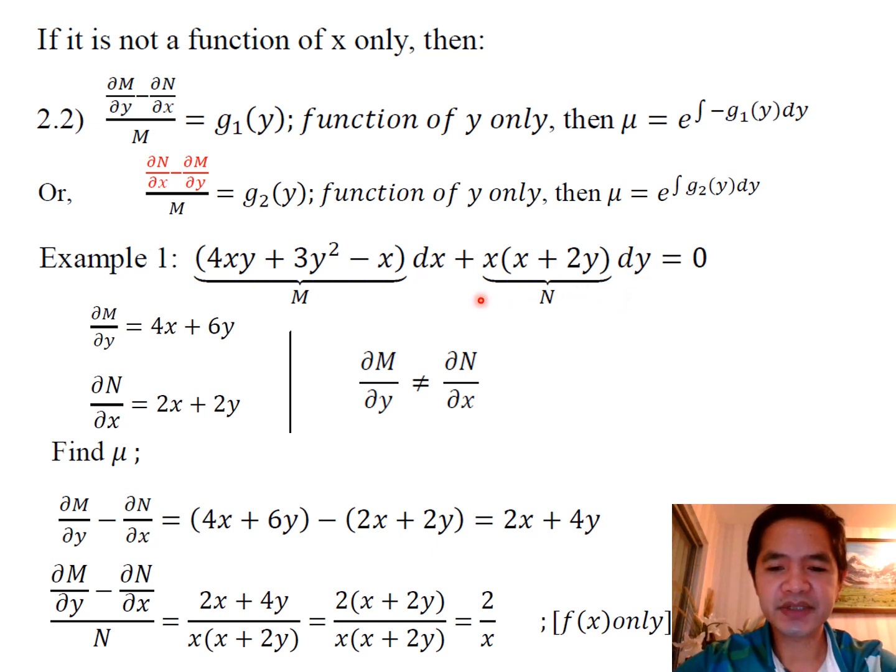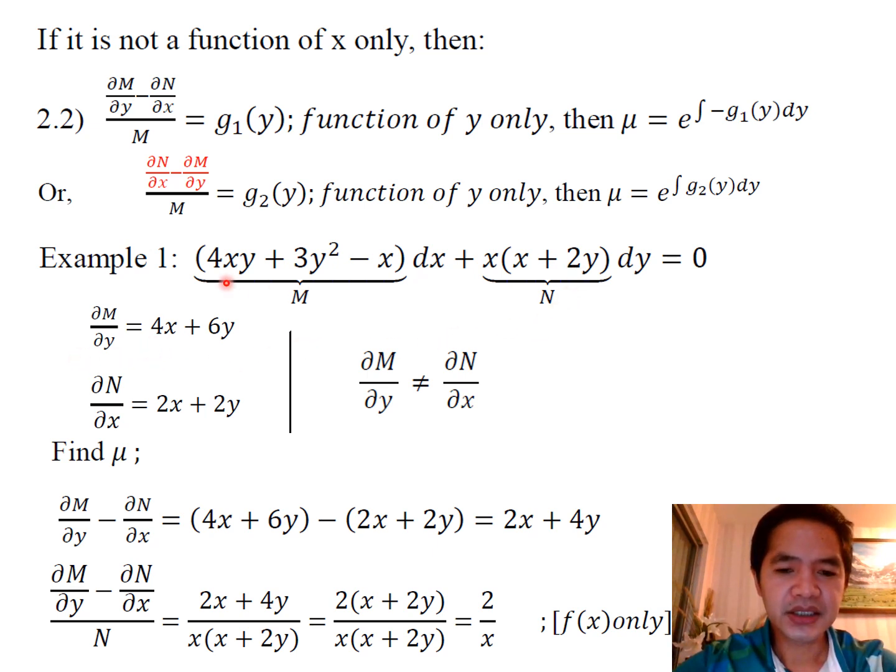So this goes with the function of N. You do the differentiation of each function: for M, you do partial differentiation of the function of M with respect to y, just switching dy here, dx goes to here.